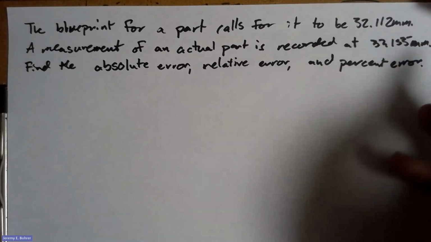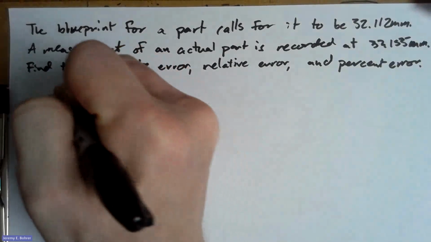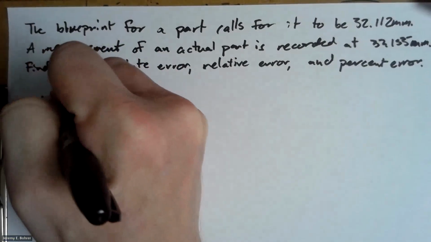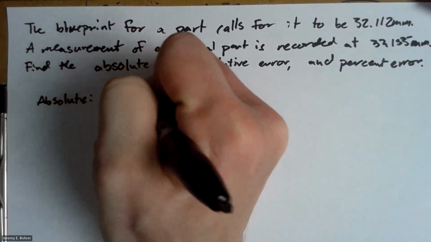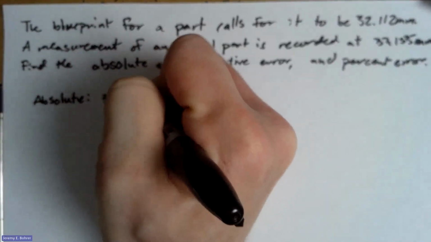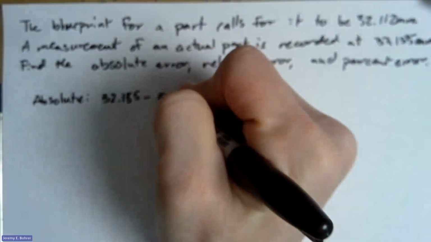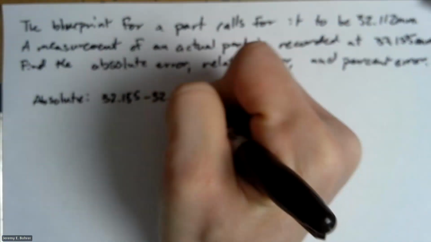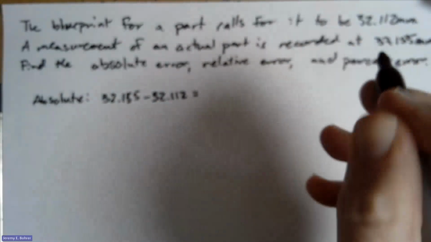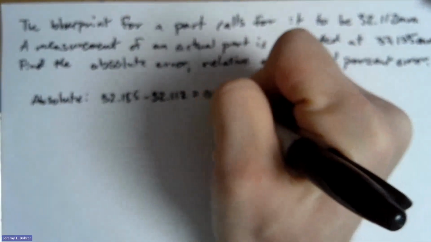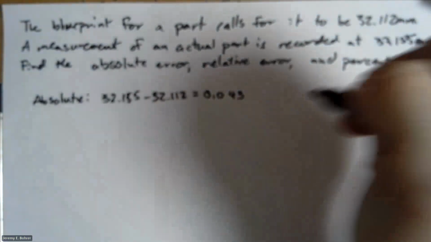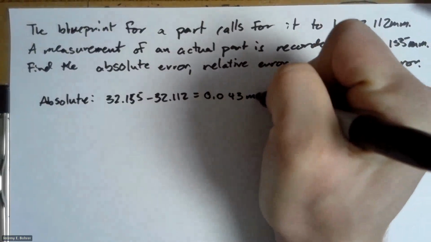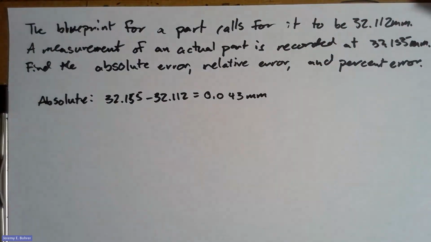So our observed measurement is 32.115 minus 32.112. When I subtract that, I get 0.043 millimeters. That is my absolute error.